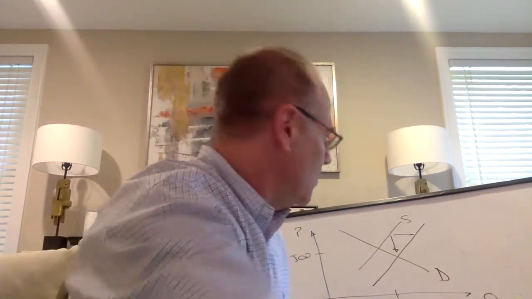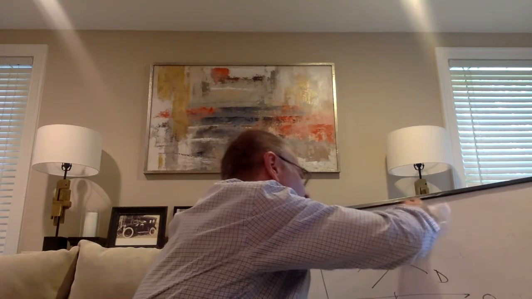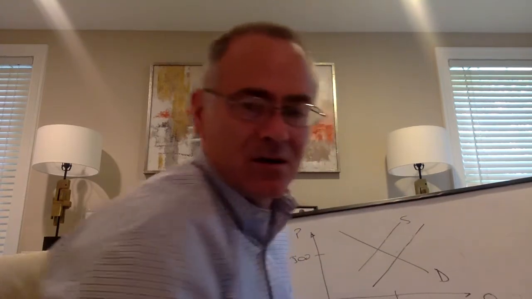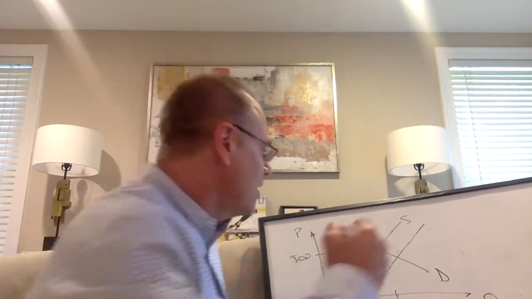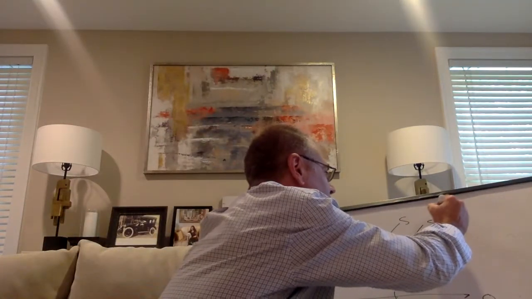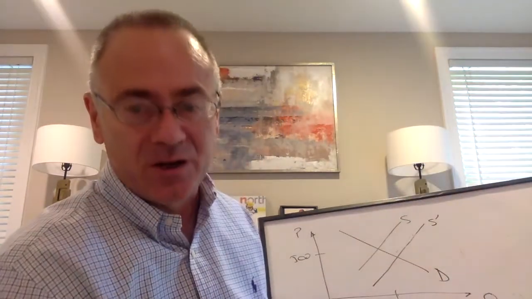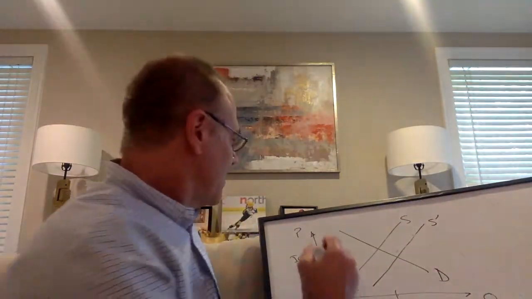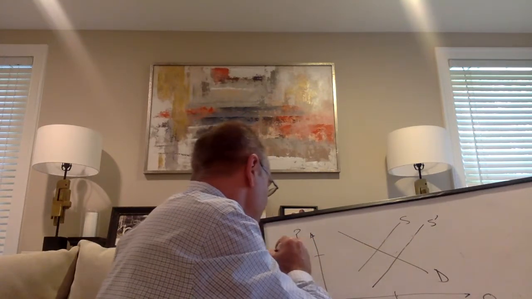Okay, so when the price of spruce falls, that makes it cheaper to manufacture a guitar. The supply curve is going to shift out or down. So here's what would happen. That means the equilibrium, or the market clearing price.